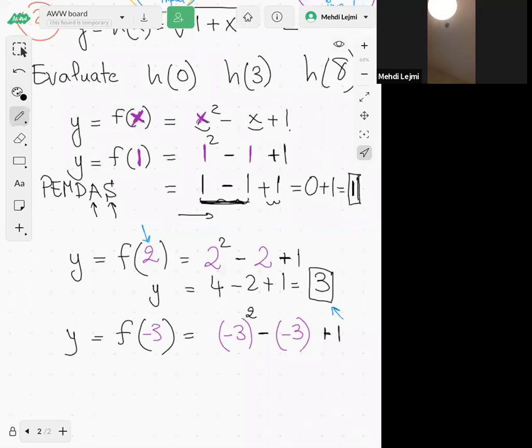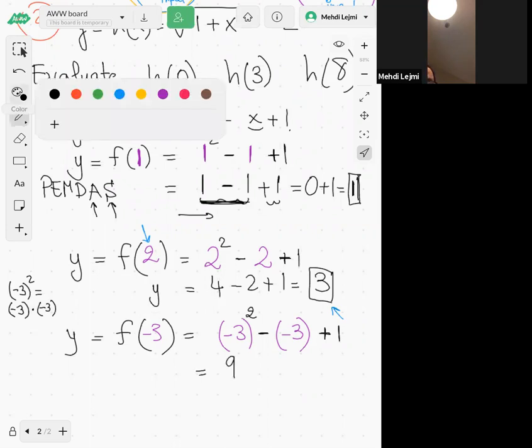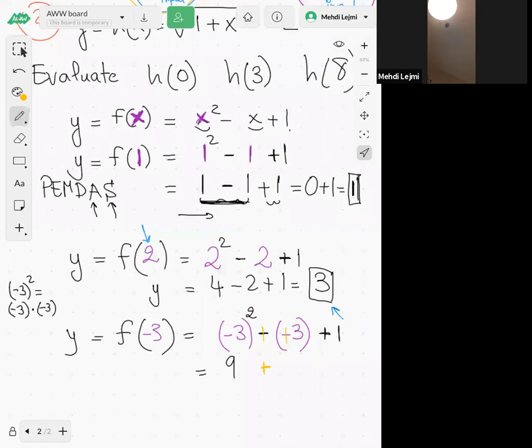Now, -3 squared is -3 multiplied by itself, so -3 times -3 is +9, because negative times negative is positive. Then there's this minus with -3, so that will be a plus. So +9 plus 3 plus 1, and the answer would be 13.